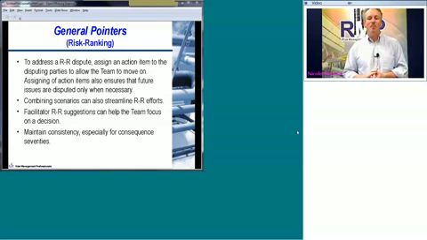I mentioned the facilitator suggestions. It's also good for a facilitator to keep in mind, and when reviewing the document later, to make sure there's consistency between the different consequence severities.